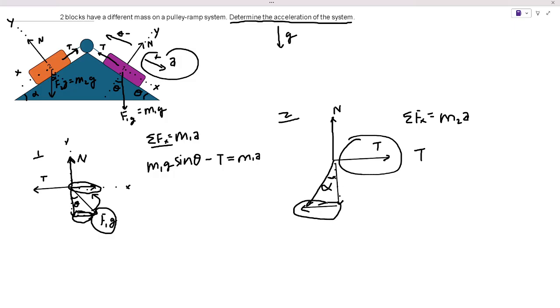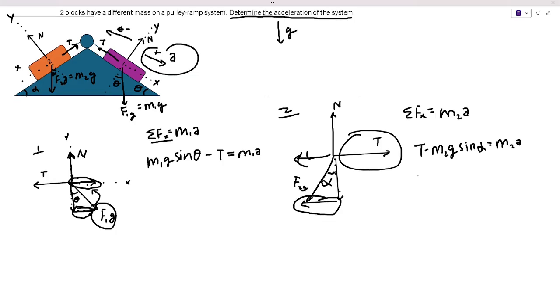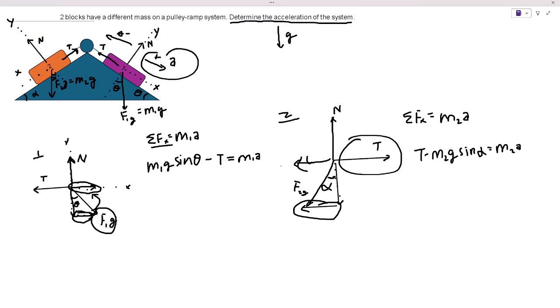We're talking about this vector, and we can just move that up here like what we did for the first one if we want to, but we can also keep it down here. I keep it down here so I can just see from the trig what it is. So T minus F2g, and that's just m2g, m2g sine of alpha, equals m2a. Now, we just need to solve for acceleration.